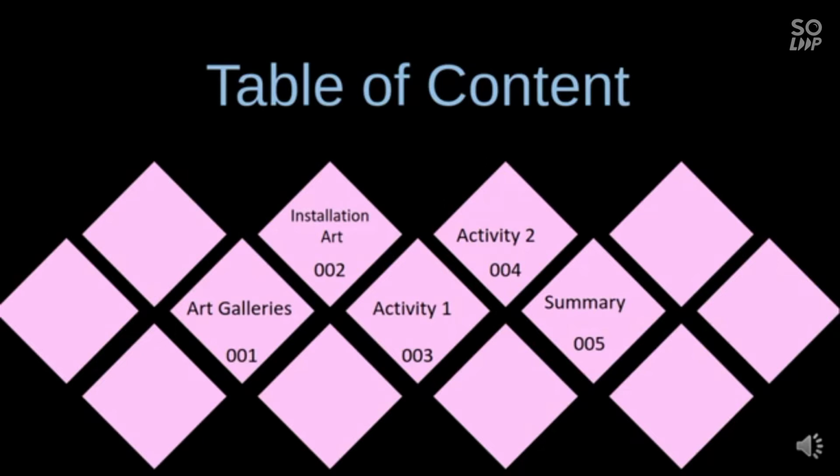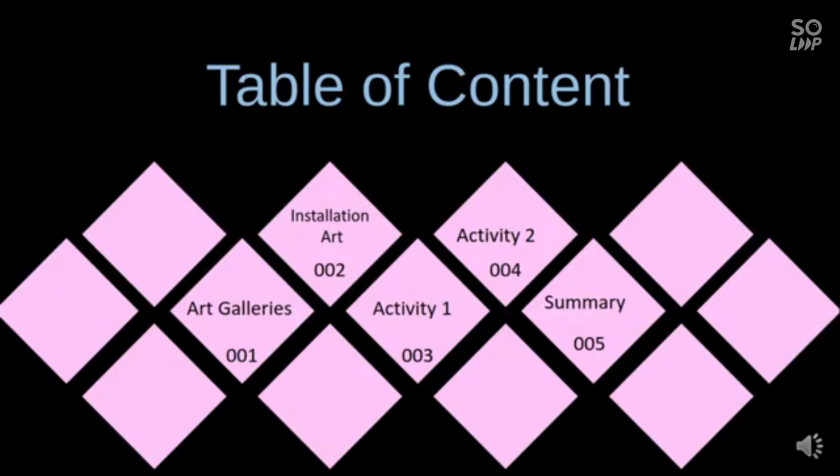So the table of contents for today's video: the first one, I'm going to ask my students regarding art galleries, and I show some of the art galleries in Malaysia. The second part, I'm going to read the installation art on page 118 of the textbook.